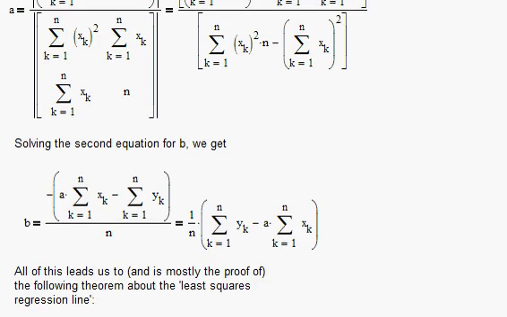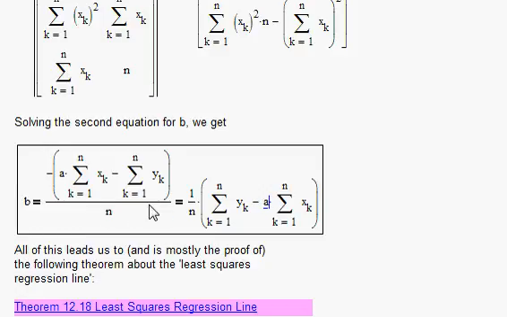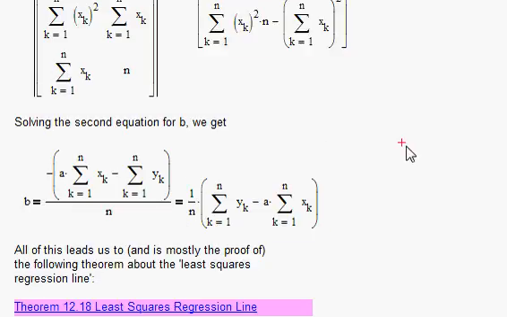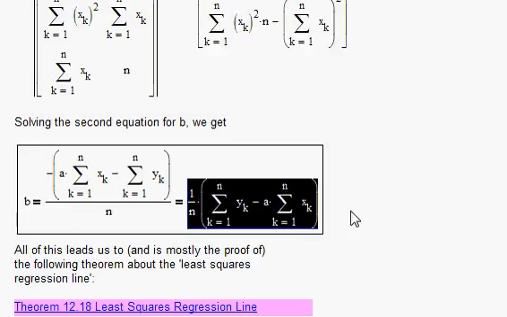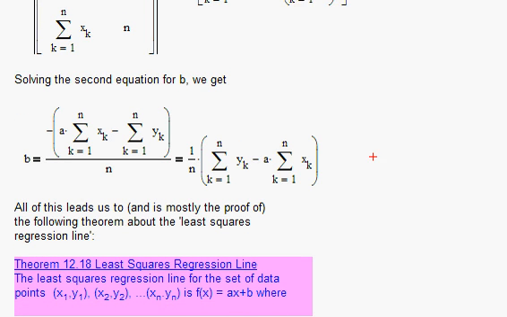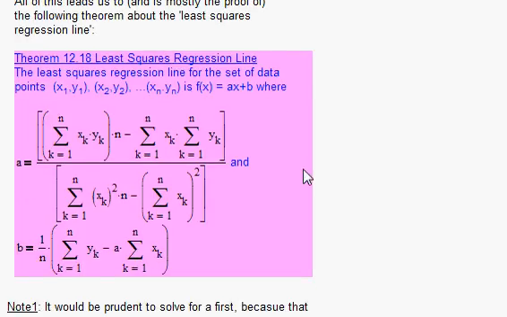So if you solve the second equation for B, you get the A that we've calculated here. You can probably go back and follow that and say, oh, we do get this value for B. So all of this is really the proof of the following theorem about the least squares regression line.